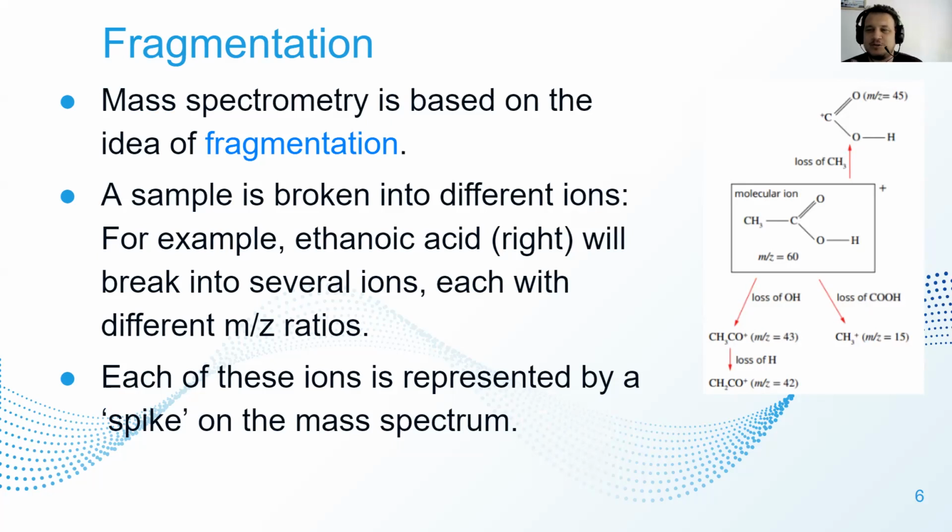The other one will just be CH3. Another one will lose OH, and we can analyze what is there by the fragments that we end up with, if that makes sense.